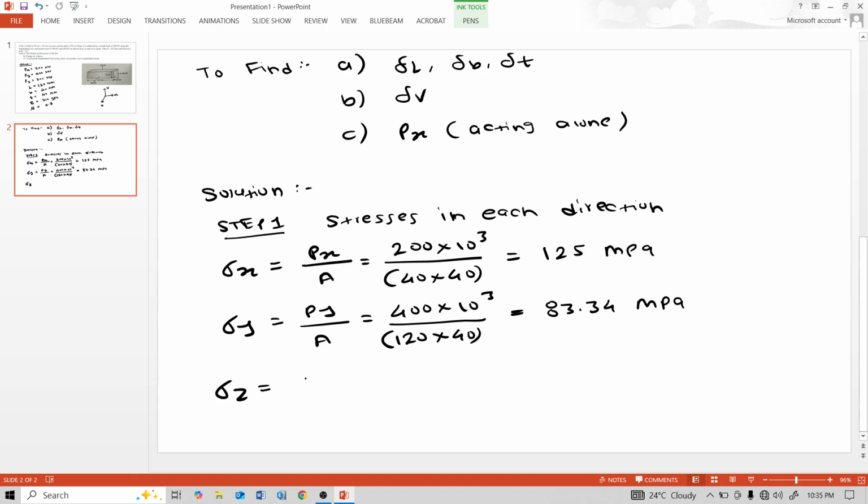Stress in Z direction is load in Z direction divided by cross-sectional area.